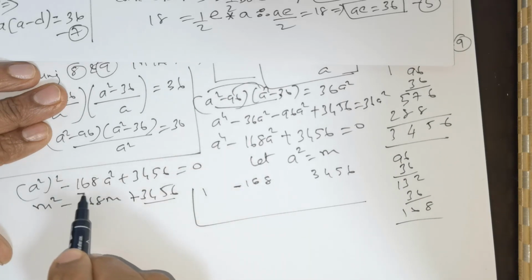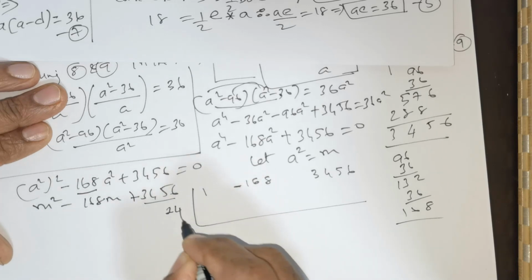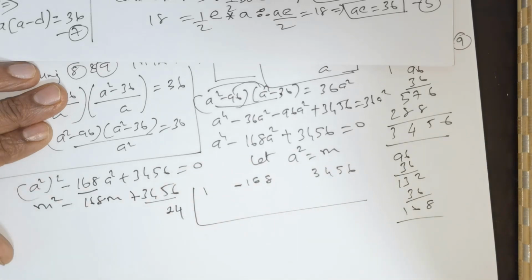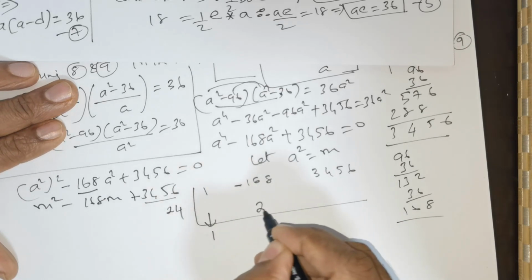Given that I got 168, I want to try out the number 24. If I get a 0, then 24 is the number we are looking for. It is going to be the factor. I bring 1 down. 24 into 1 is 24.